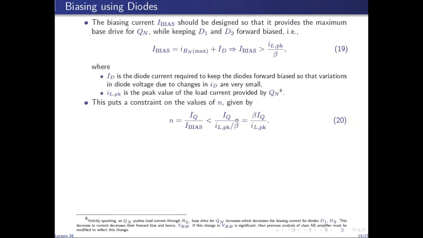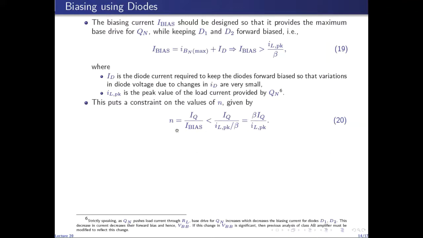So N should be smaller than IQ over this maximum base drive, because I bias should be greater than this maximum base drive. So N should be smaller than the ratio of IQ to the maximum base drive, which in turn can be written like this. So N should be smaller than this number.